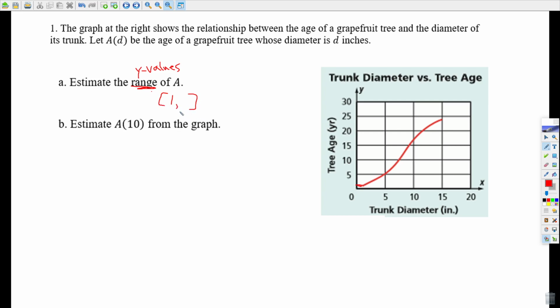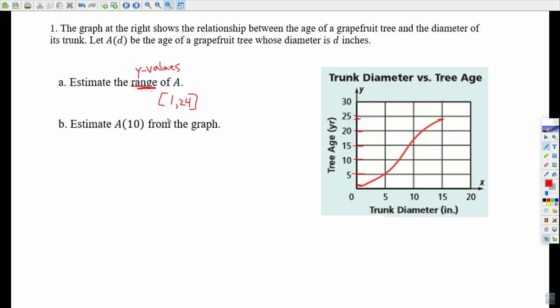So it's 1, 2, and then go to the highest: 5, 10, 15, 20. It doesn't quite hit 25 either, it's right below there. So let's say 24. That would be the range, from lowest to highest. We have data from 1 year old all the way to about 24 years old. Both closed dots, so brackets.